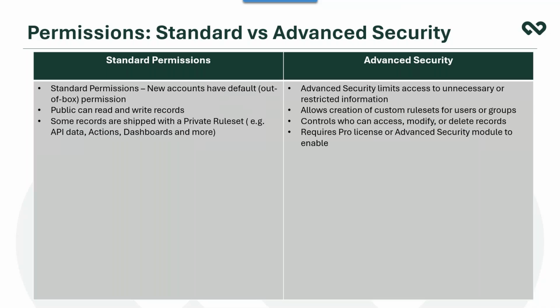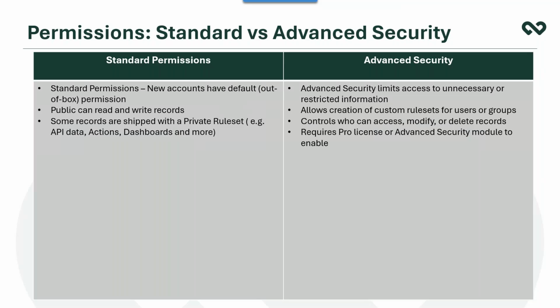Permissions with advanced security. Advanced security is all about limiting access to information that's unnecessary or restricted. With this module, we can set up custom rule sets so certain groups or users get the right level of access. That could be controlling who can access, modify, or delete records.